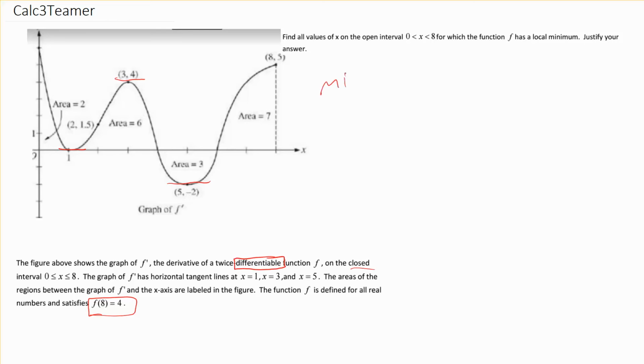So minimums look like this. And what I would describe is that for a function to have a minimum, it has to be decreasing and then increasing, meaning its derivative has to go from negative to positive.